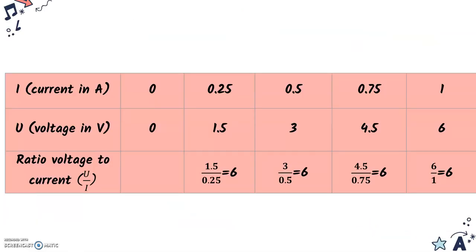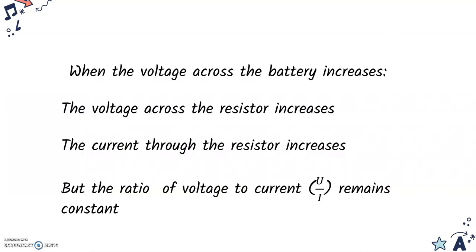This is the table where I have picked all the values of my experiment. I noticed that if the voltage across the resistor increases, the current through the resistor increases, but the ratio current to voltage remains constant. So when the voltage across the battery increases, the voltage across the resistor increases, the current through the resistor increases, but the ratio U over I remains constant.